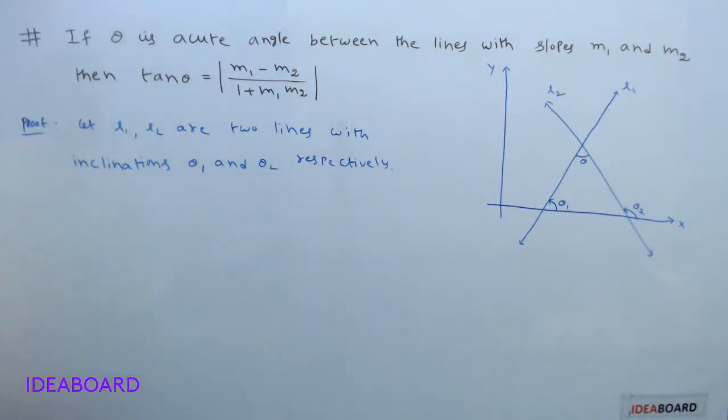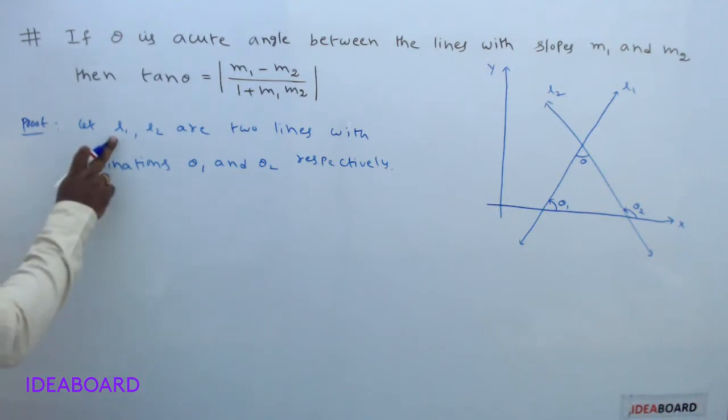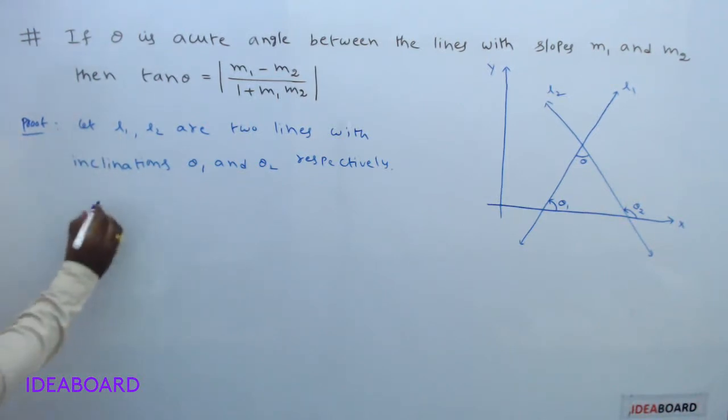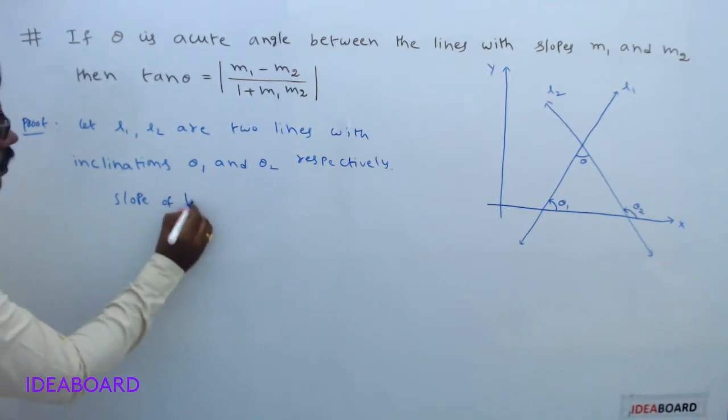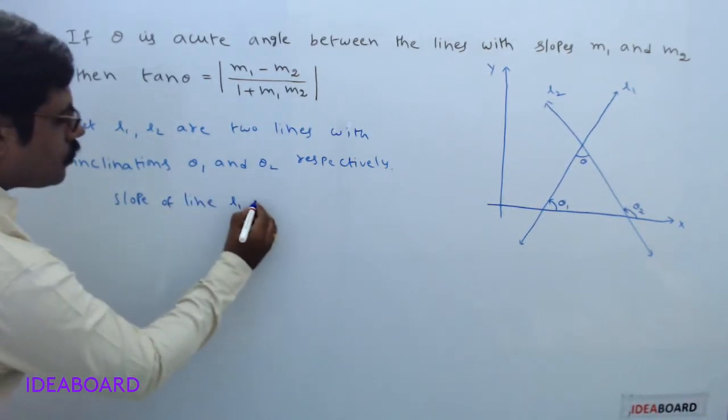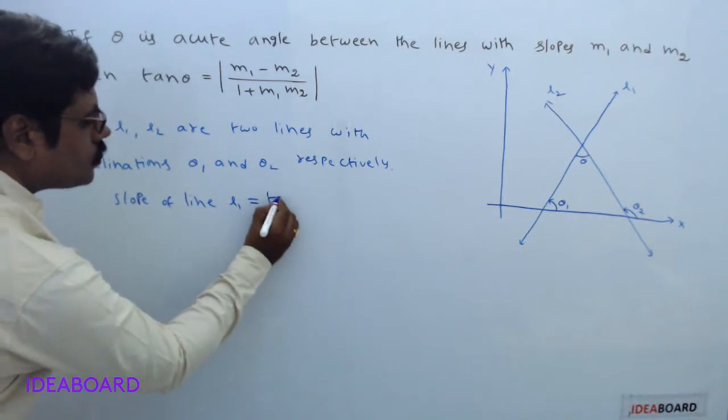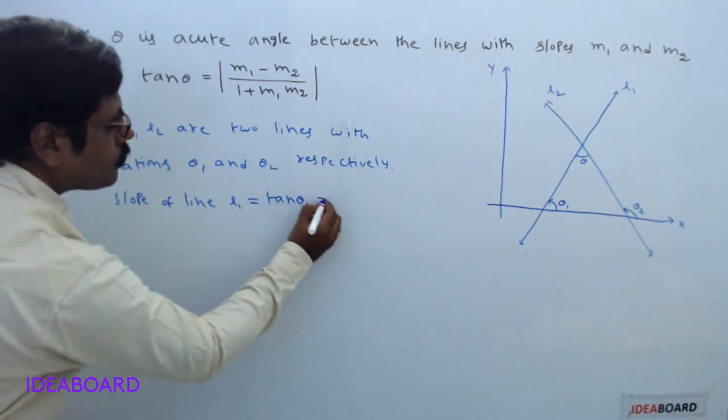So if theta 1 is the inclination of the line L1, then the slope of the line L1 is tan theta 1. So slope of line L1 equals tan theta 1.